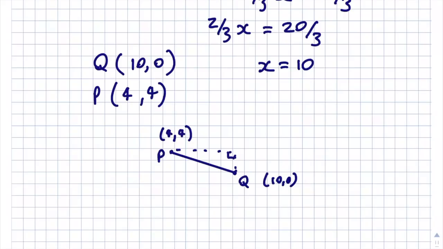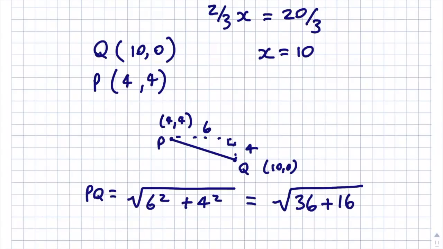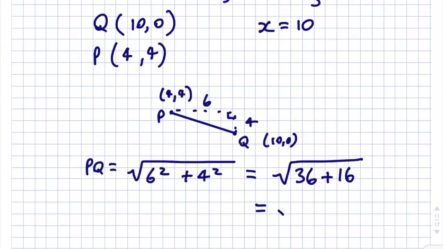That's 4 units there, and then it's 6 units along. So using Pythagoras, PQ equals the square root of 6 squared plus 4 squared, which is 36 plus 16. This simplifies to the square root of 52, which simplifies to 2 root 13, so that's r squared.